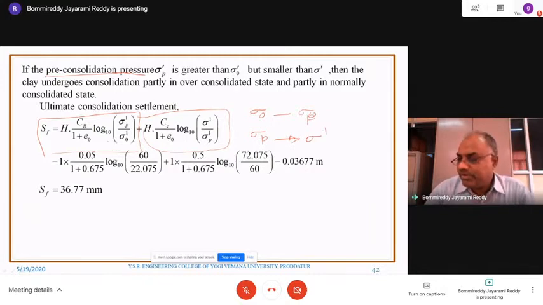So two different equations are to be used for computing the ultimate settlement. So that's why here initial is 22, pre-consolidated 60. Here starting is now pre-consolidated and final is 72, and the sum of these two you will get 37.6 millimeter is the total settlement of the soil.